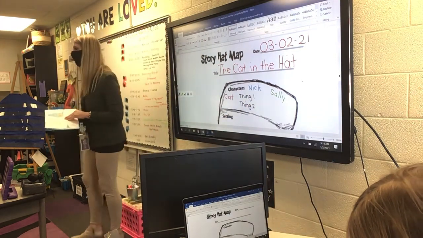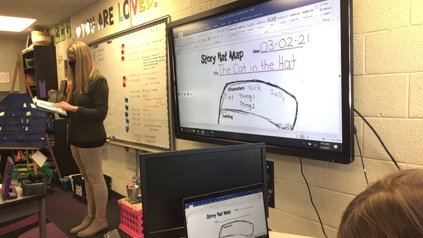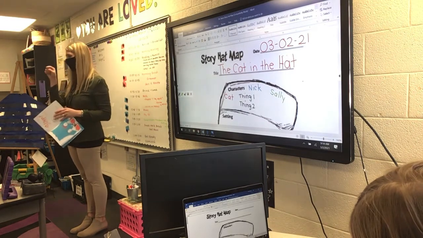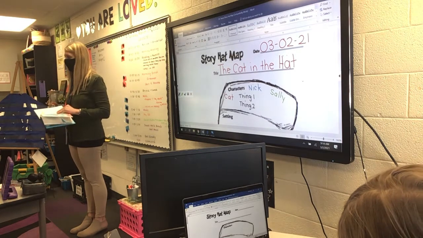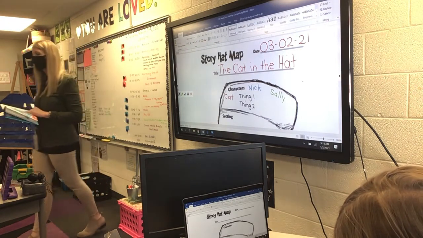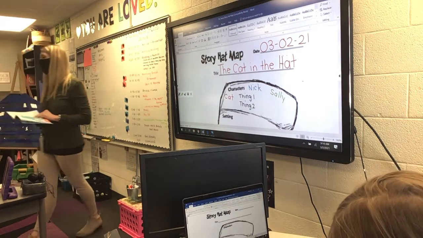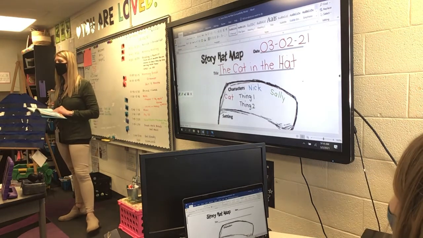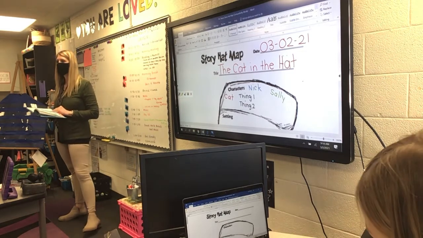You could do just Thing 1 and then use an and put 2. That'd be fine. I think you can write both out though. Okay, I don't have that much room, so I'm erasing mine. You might have to write a little smaller.